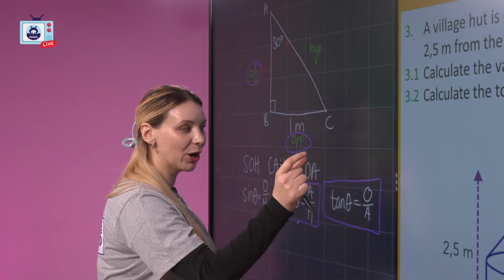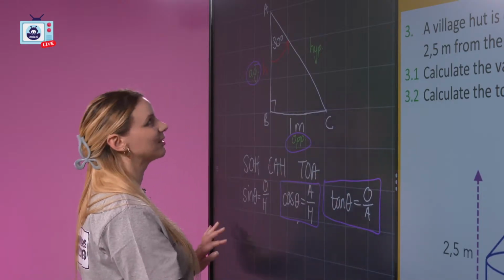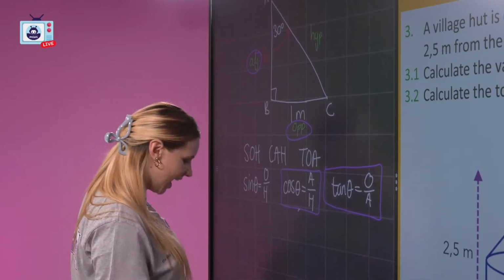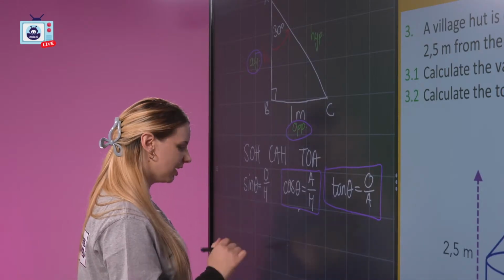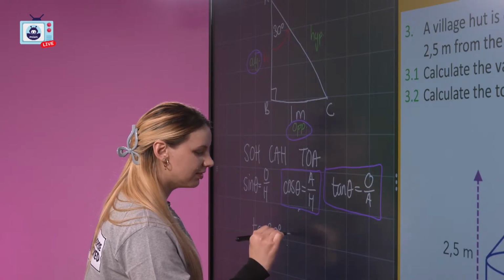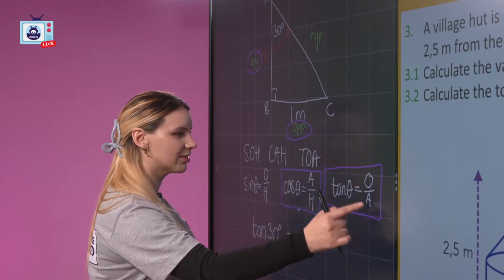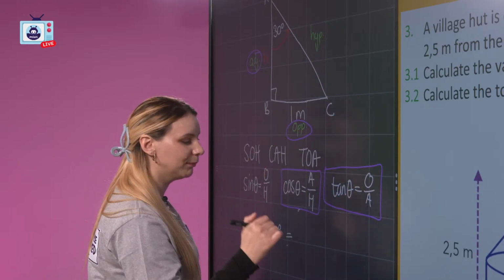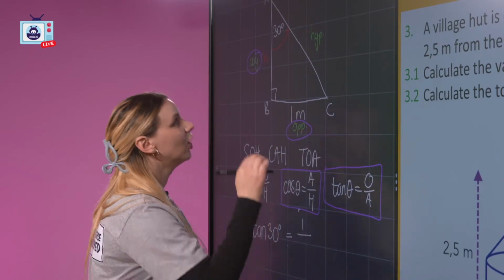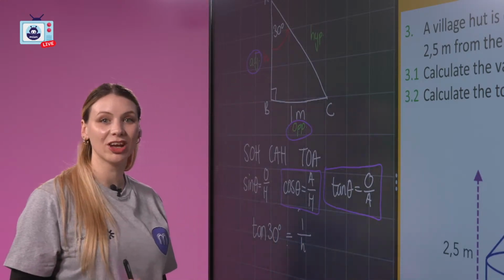We are looking for the adjacent side, we have the opposite side. Okay, so tan 30 degrees is equal to my opposite side over my adjacent side, which is 1 meter, the opposite side, over my H, which is my height, my adjacent side.